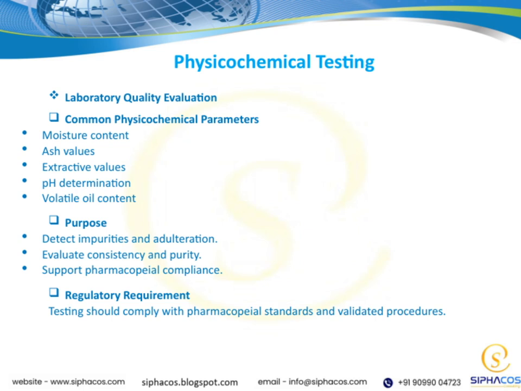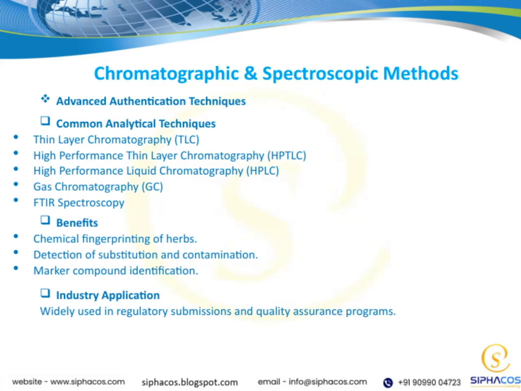and effective for consumers. Now, let's take a closer look at some of the advanced authentication techniques we use in the industry. When it comes to common analytical techniques, we have a few key methods. First, there's thin layer chromatography, or TLC, which is a straightforward way to separate and identify compounds.